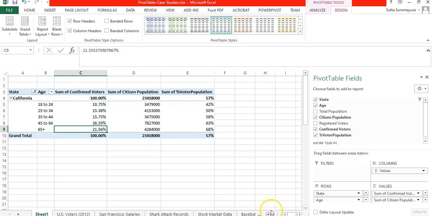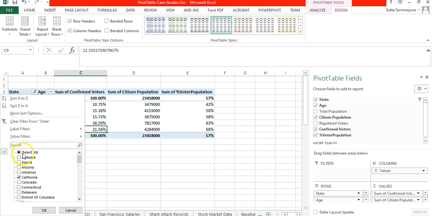Okay, and the next question is what percentage out of the confirmed water in the entire country? Now we want to know how about this number, it's equal to how many percent in the entire country. So that means you have to take the filter. You have to select all the country, right? And you see this is how many percent of all the column.